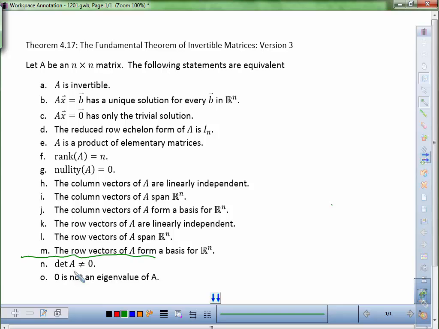One, the determinant has to be not equal to 0 for this matrix to be invertible. And the second is that we had an eigenvalue of 0 in one of our examples, and it turns out that if you have an eigenvalue of 0, then that's not good for invertible matrices. So you want to make sure that your eigenvalues are all non-zero.